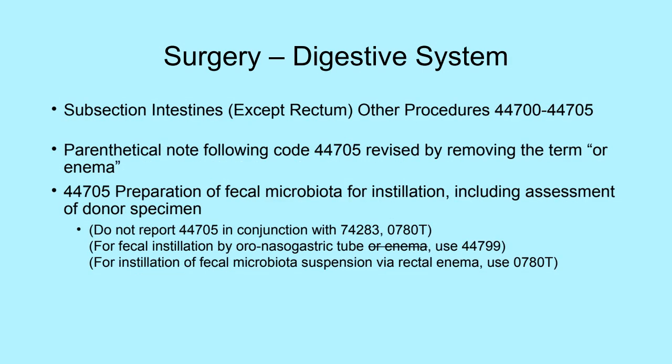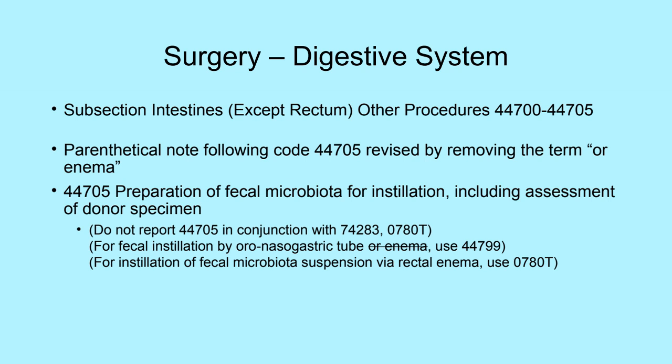Okay, then we have also changes in the digestive system. In the subsection intestines except rectum, other procedures, these are 44700, 44705. There's a parenthetical note following 44705 that was revised by removing the term "or enema." So we have 44705, preparation of fecal microbiota for instillation, including assessment of donor specimen.